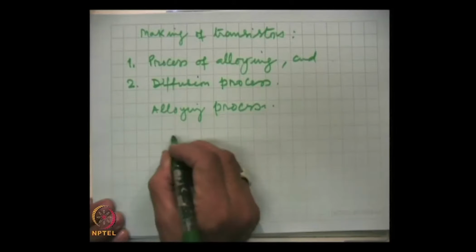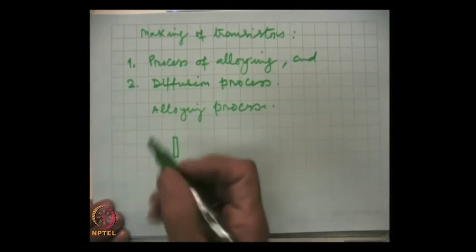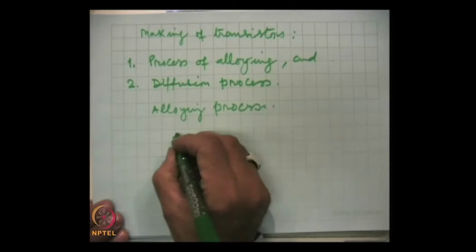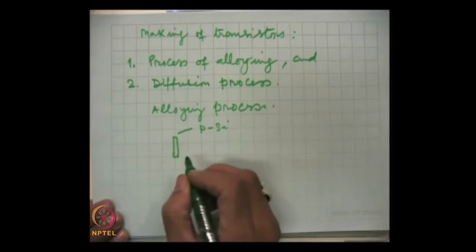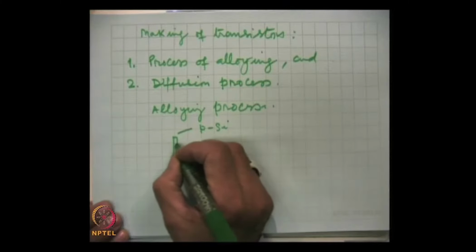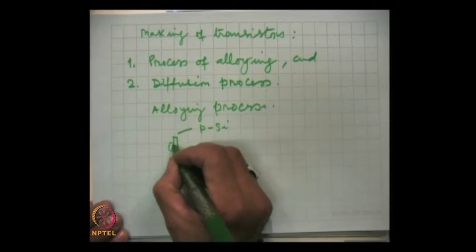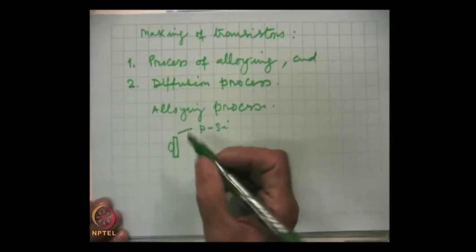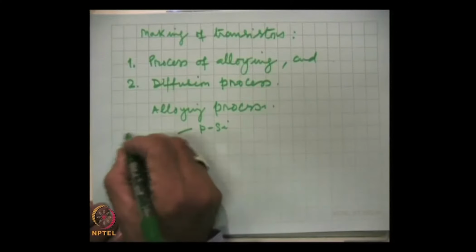We take a small crystal of say p type silicon, and on one side we put a small dot of a pentavalent impurity. This is like phosphorus.